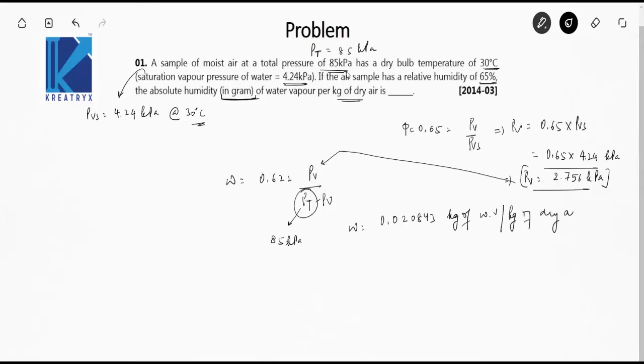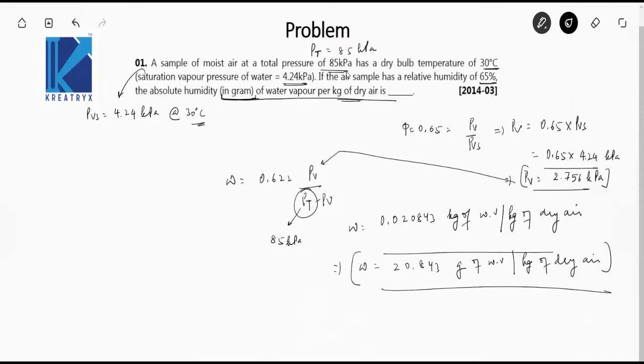We have to find the absolute humidity in grams of water vapor per kilogram of dry air, so multiply this by 1000. Omega will be 20.843 grams of water vapor per kilogram of dry air.